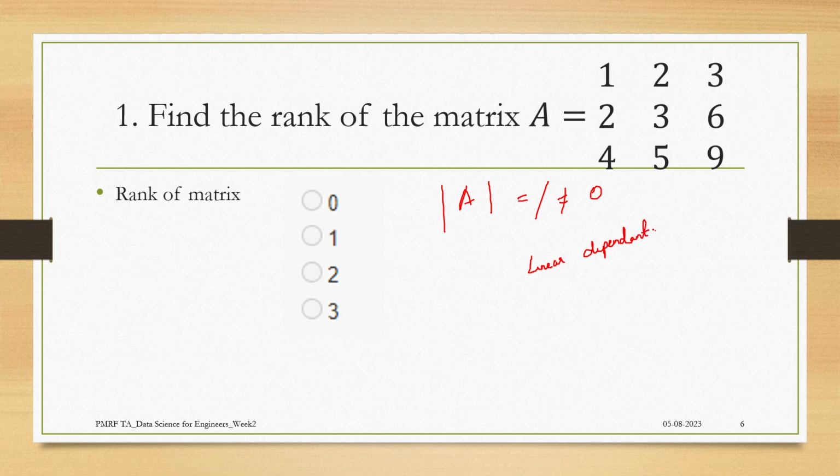So Vivek has answered 2 and Jason has answered 3. Why Vivek, can you tell why you have given us 2? Vivek, can you tell what is the determinant that you are getting?